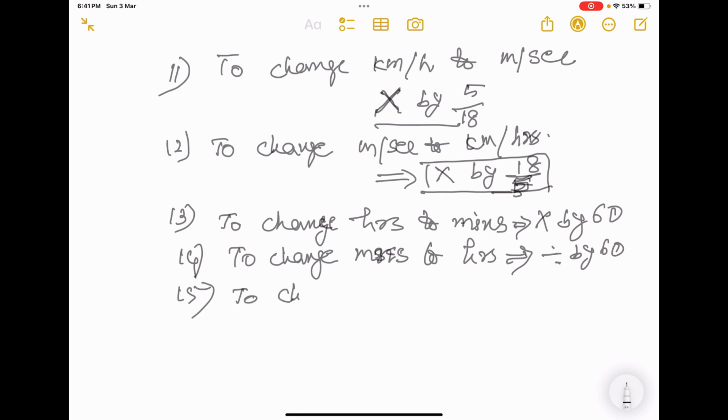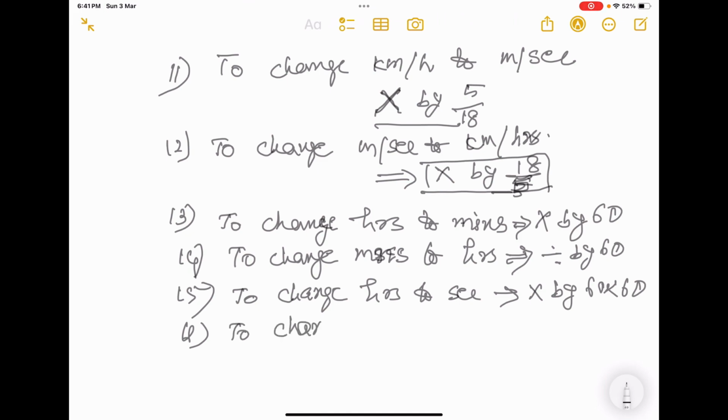To change hours to seconds, multiply by 60 into 60. To change minutes to seconds, multiply by 60.